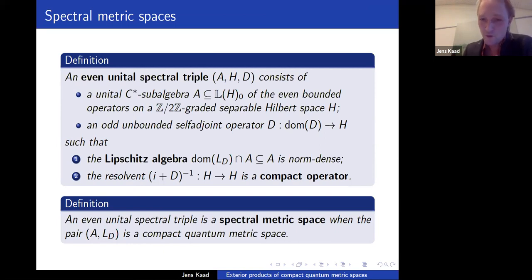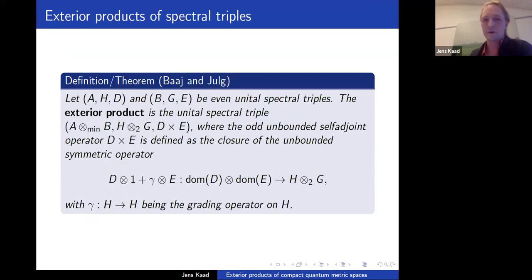If you have two of these even unital spectral triples, you can take their product. So it comes here. If you have two even unital spectral triples, you can construct their exterior product. So this is again a unital spectral triple, very explicit.